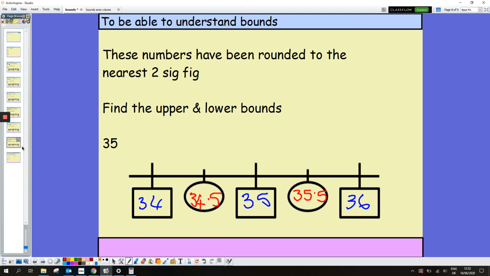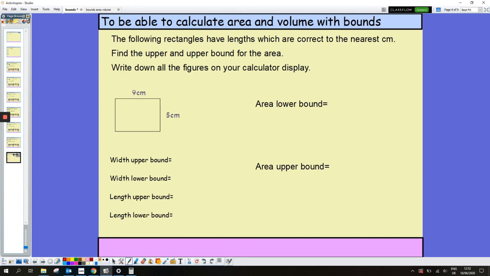The question that I'm going to ask you is that the rectangle has lengths that are correct to the nearest centimetre. So that's the nearest whole number. And I want the upper and lower bounds of the area. You'll get marks just for writing down the upper and lower bounds. It doesn't matter which one I call width and length, but I'll call that one width and that one length just for now.